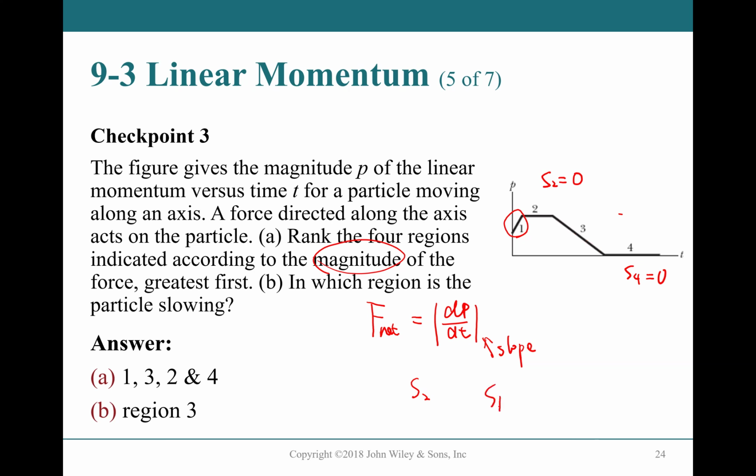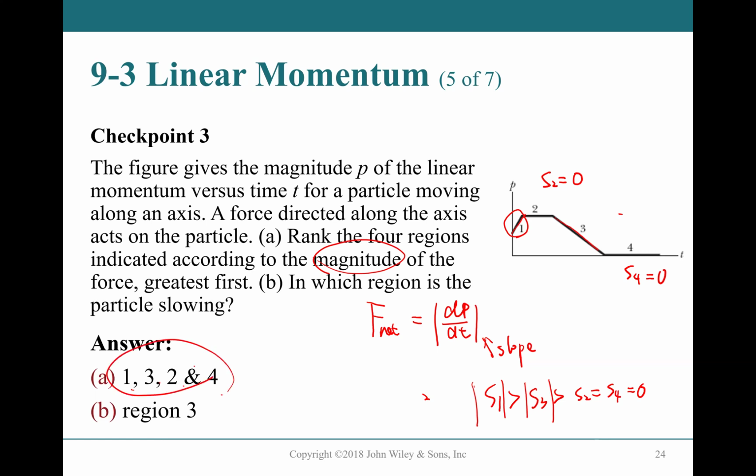So S1 should be bigger than S3, and should be bigger than S2 equals S4 equals 0. This one is increasing faster and this one here is decreasing slower. So for magnitude, S1 is bigger than S3. That's why for the magnitude, we rank it 1, 3, 2, 4.